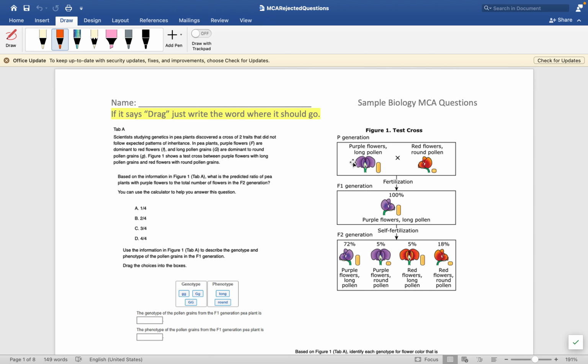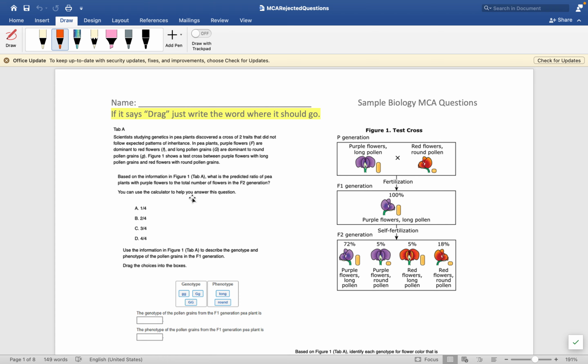grains. Here you can see the dominant traits, homozygous for both, crossed with homozygous recessive, and in the first generation they were all purple flowers with long pollen. Then they allowed them to self-fertilize, and now you notice that we don't have our nice 3-to-1 ratio.